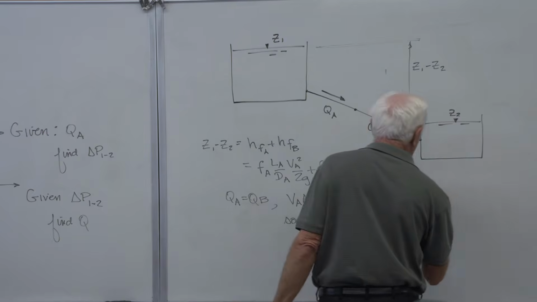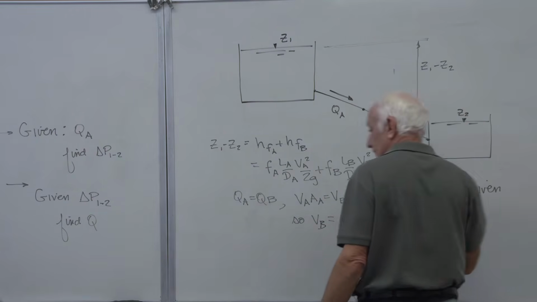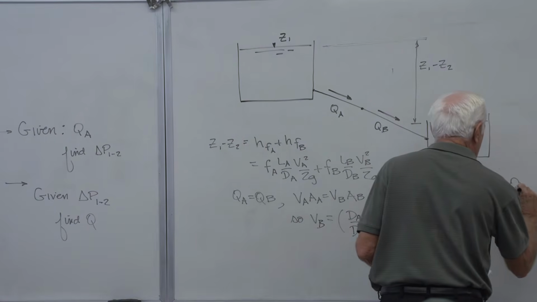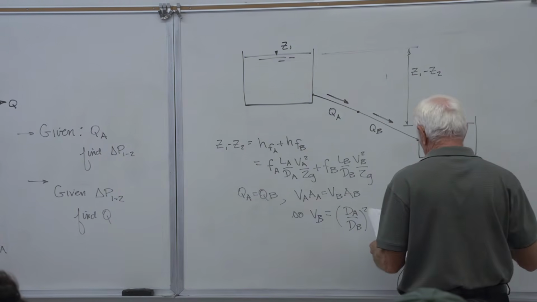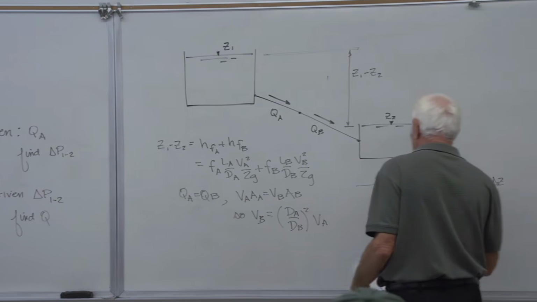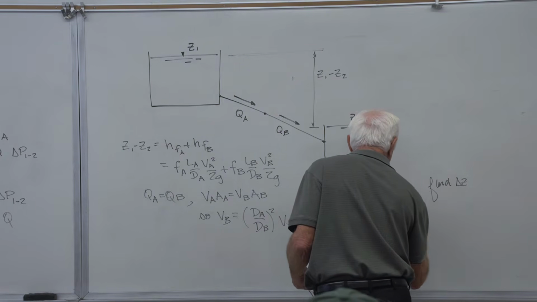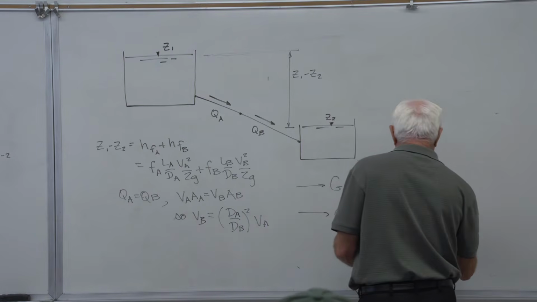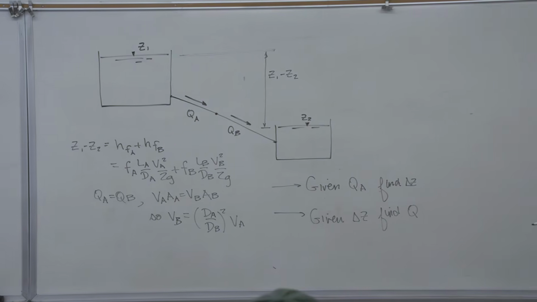Number 1, given QA, I know the flow rate here, find delta Z. And number 2, given delta Z, find Q. QA or QB is all the same. The Q's are the same.